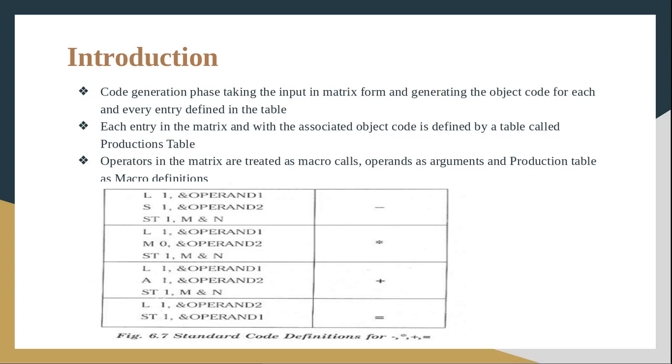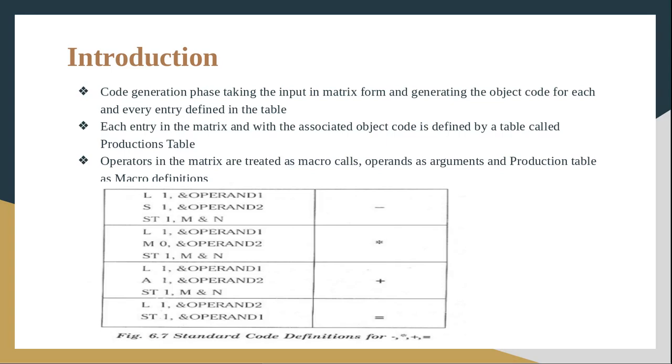So this is the corresponding code production table which is defining our object code for each operator in the matrix.